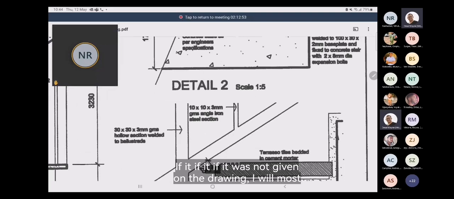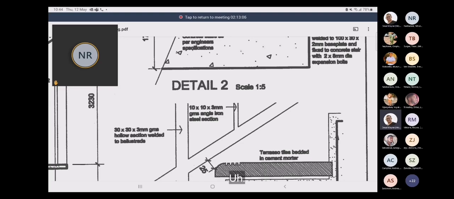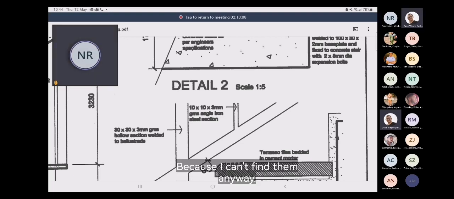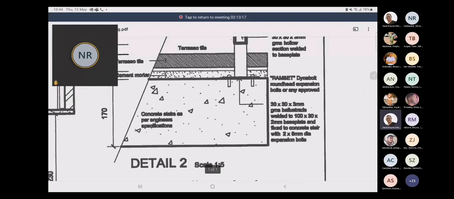If it was not given on the drawing, I will most definitely give that to you as part of the description. I just need to have a look at my drawing to see if they... It's given to us.